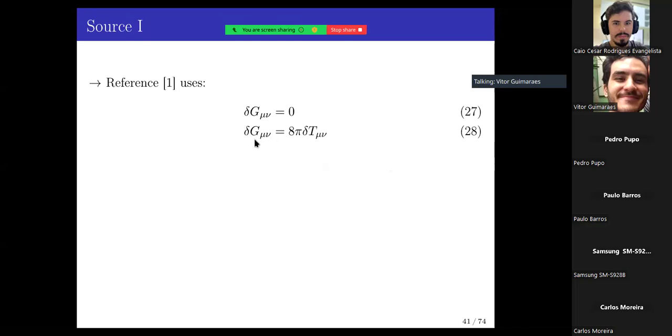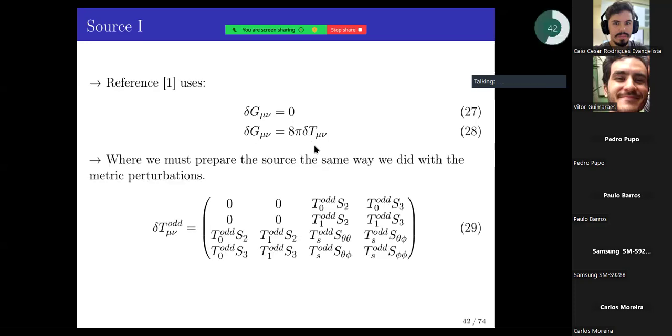The way that I'm going to do this here is to try the sourced version, because then the homogeneous version is easy to obtain, you only set this equal to 0. But to do the sourced version, we have to prepare the source, the same way that we did with the metric perturbations.